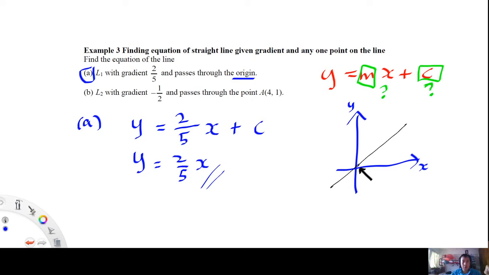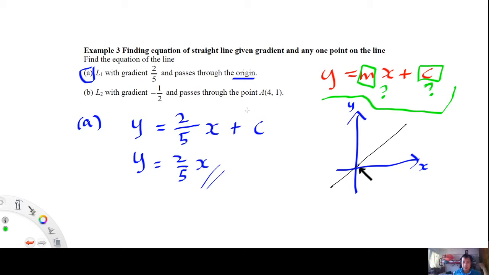This question is in your worksheet later on. We want to do number 1. This is the equation of the line from the beginning, and we have to fill in m and c. If they tell us the gradient, we just put in the gradient here, and then the origin will help us.